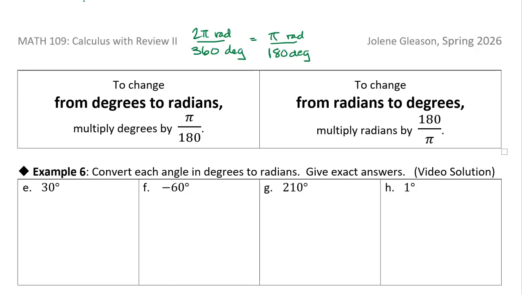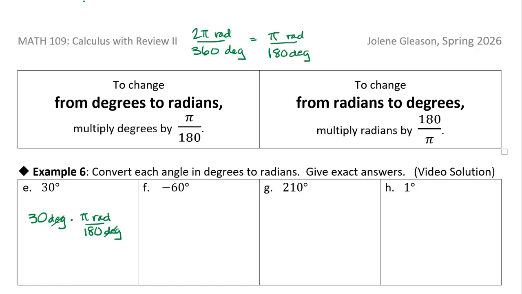Let's just use unit analysis for the fun of it. We've got 30 degrees. We want to convert it to radians, so we're going to multiply by pi radians per 180 degrees. If I write it like a normal unit, the degrees will cancel, and what I'm left with is radians.